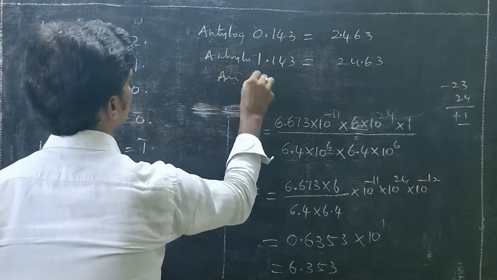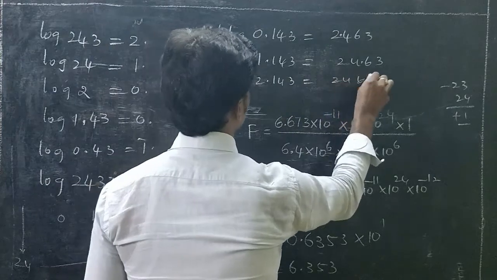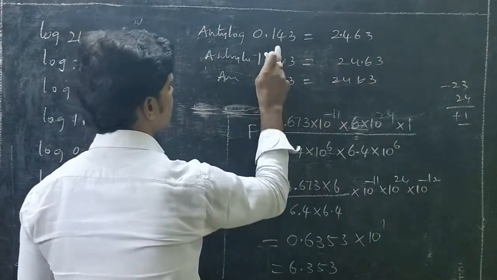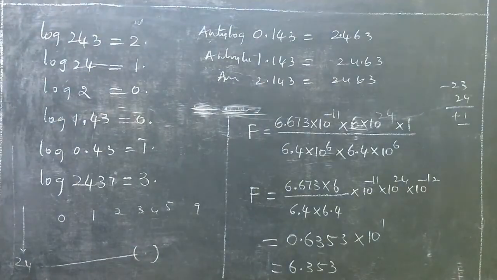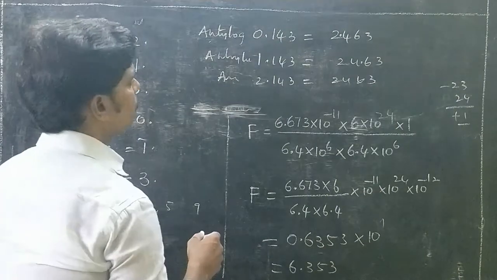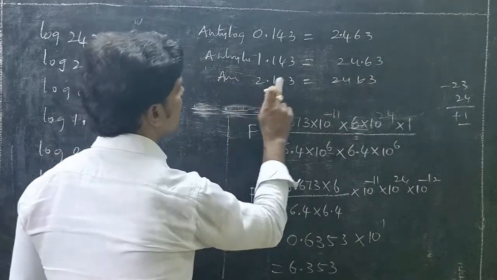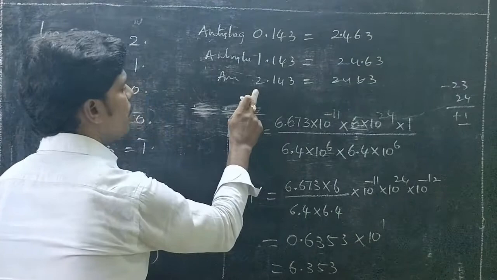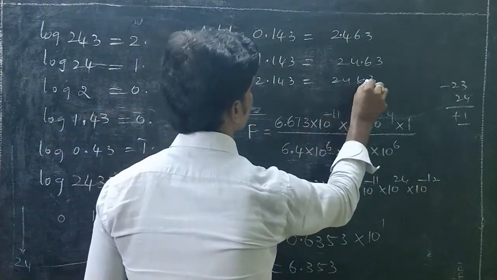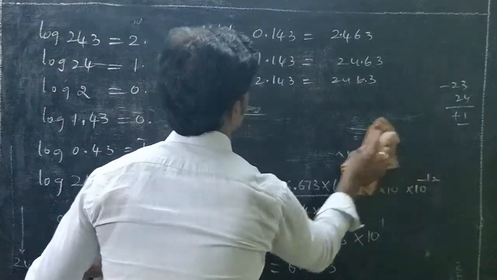Anti-log of 2.143 again gives 2463, and we put the point after 3 digits: 246.3.